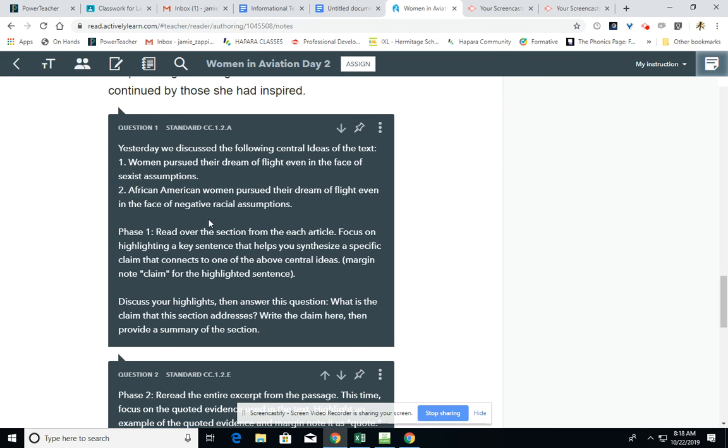Which central idea does it seem to most closely associate with? And how can we develop a claim that is a little more specific to that section that connects to one of these central ideas? In addition to developing a claim in your group, I want you to also take time to summarize the paragraph so that way you know what, in fact, the text is about.